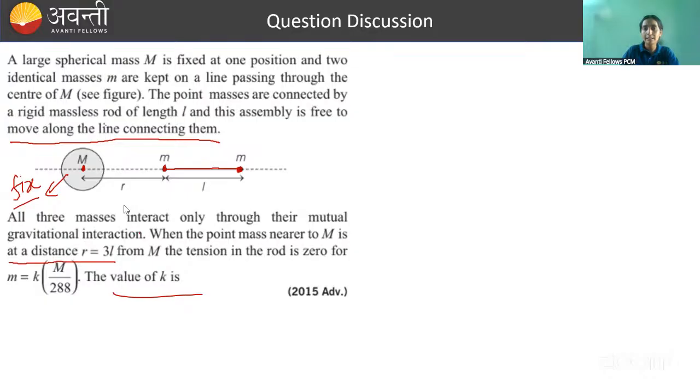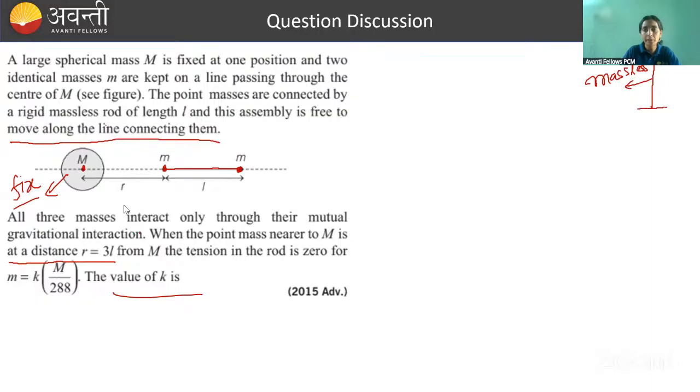So let's say there is a string, and this string is massless, and you have kept it vertical. Will there be tension in this string? There won't be tension because nothing is stretching it. I mean, there is no gravitational force acting on it.